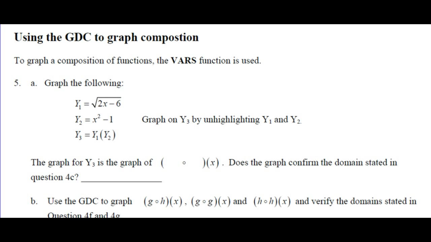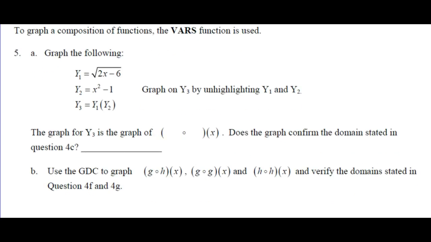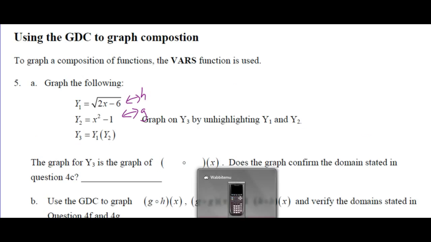Now, all right, what was 4c? 4c, that was h of g of x, right? So h of g of x is the other way around. What was this guy? This was h and this was g. So h of g of x will be y1 of y2.